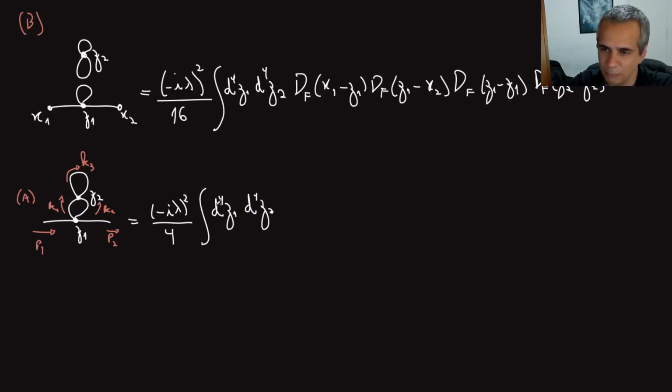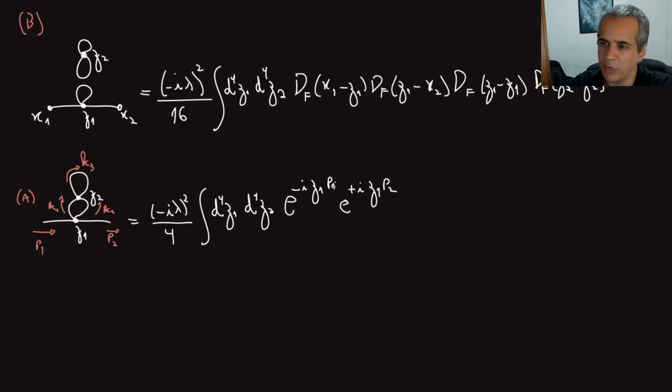But since I didn't do these integrals yet, I have to include those exponentials for the external momenta. So I need to include exponential of minus i Z1 P1 and exponential of minus i Z2 P2, because this momentum is coming out of Z1.